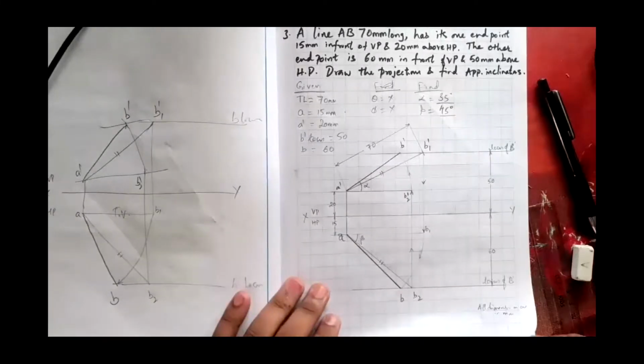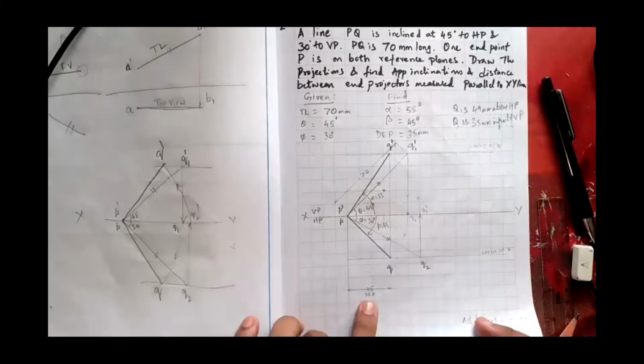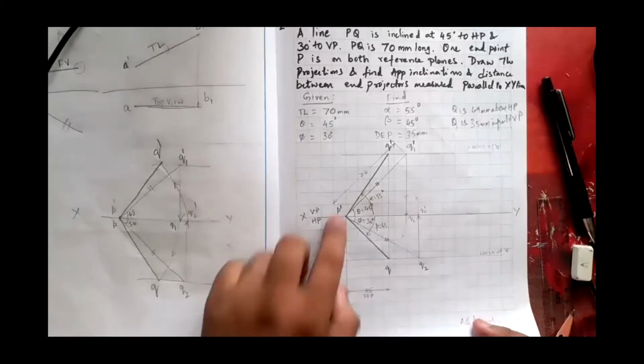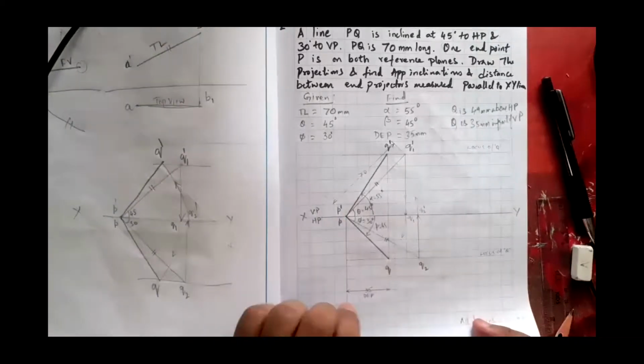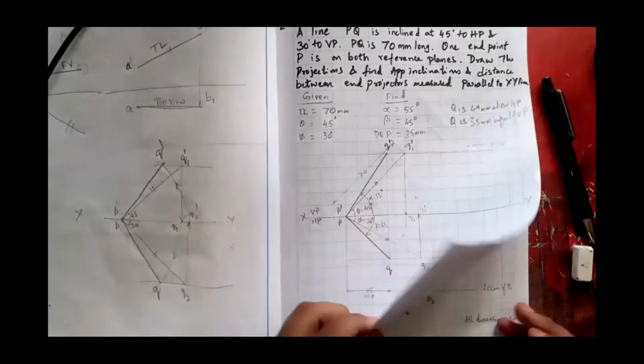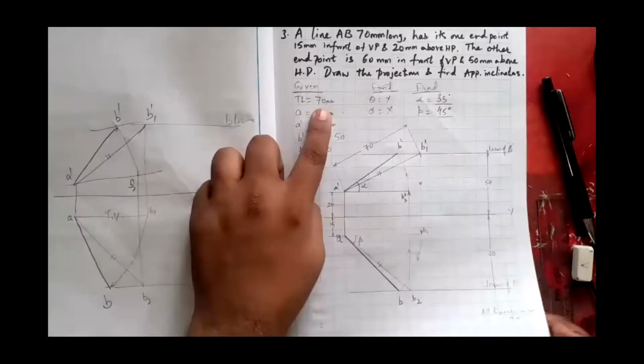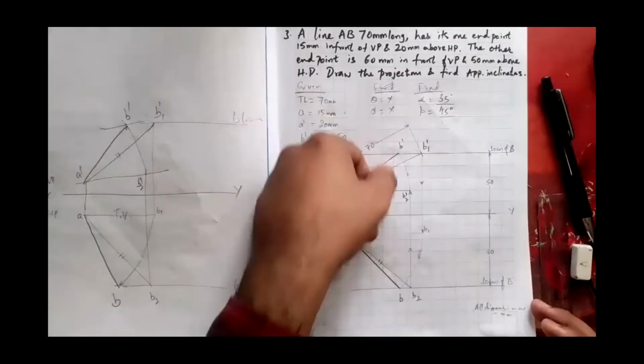Before that, here distance between end projectors was asked. P dash and P and Q dash and Q will be lying on the same line. Then only your problem will be right when true length is given in your problems. When true length is given in your problem, A dash A, B dash B should lie on the same line. Then only your problem will be right.